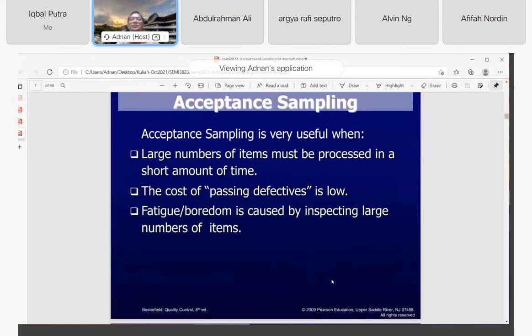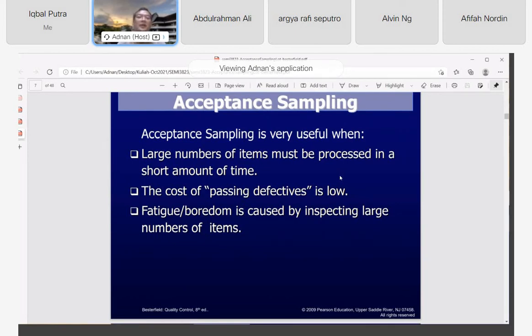Acceptance sampling is useful when a large number of items must be processed in a short amount of time. We have a lot of shipments arriving at our shop, or in manufacturing we receive raw materials, and we want to decide to accept or not what has been sent to us. Of course we cannot inspect 100%. It's too many, we don't have time, and it's expensive.